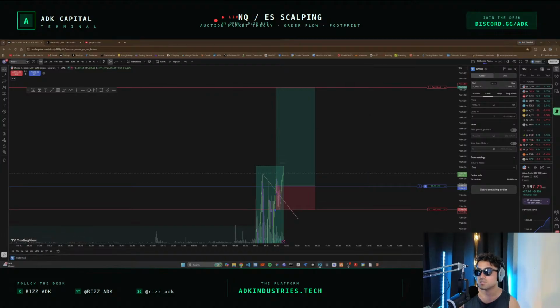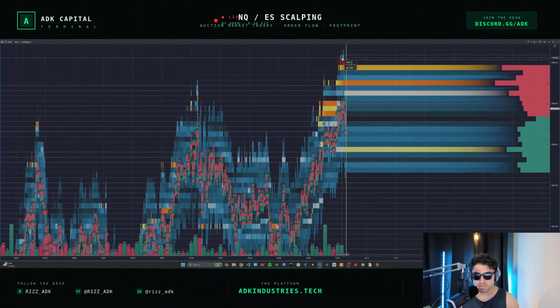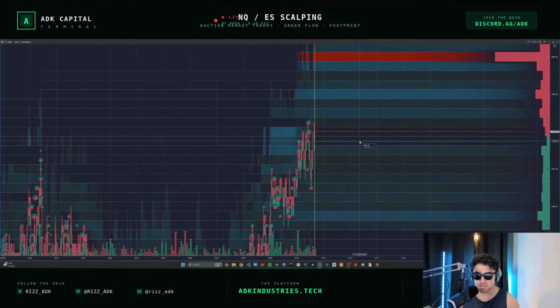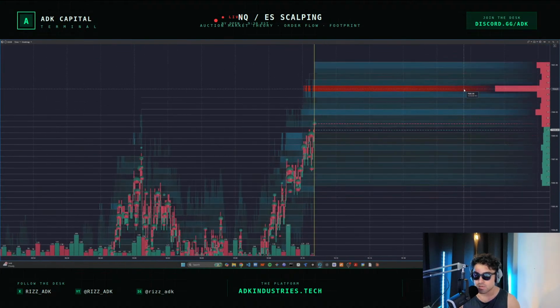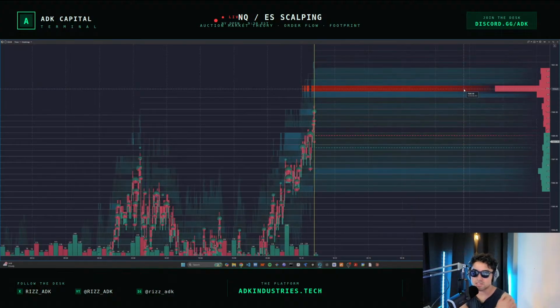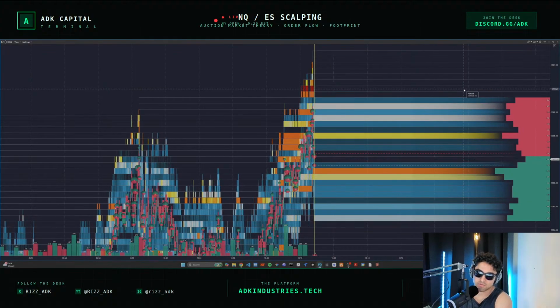So big seller hand sitting right there. Big selling hands right there. See the liquidity is getting thinner and thinner. 7600. Let's break 7600s. If we take 7600s, then there's a lot of room to the upside.